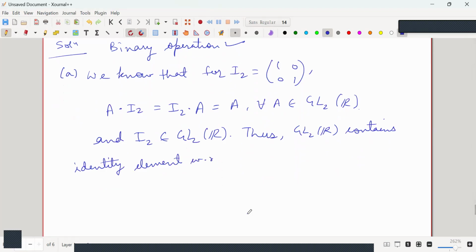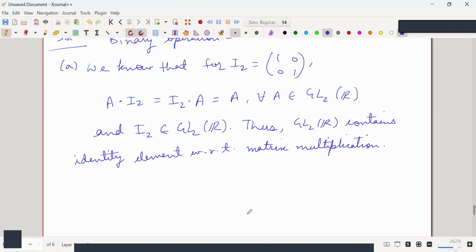Of course, all this is happening with respect to matrix multiplication. Right?